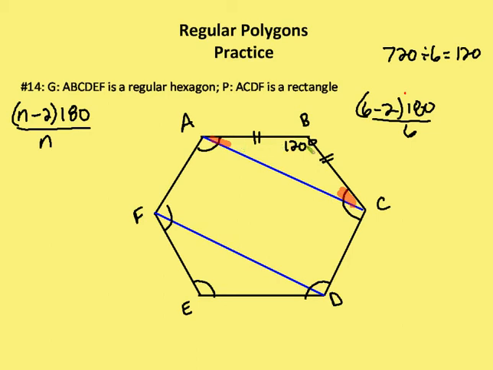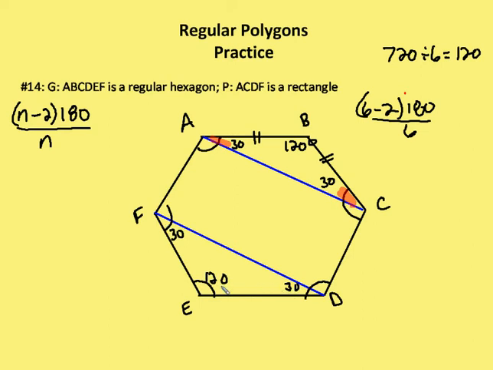If angle ABC is 120 degrees, and angles A and C are congruent, and the sum of the measures in a triangle is 180 degrees, then I'm left with 30 degrees and 30 degrees for these respective angles. The same holds true for the triangle on this side, FED.